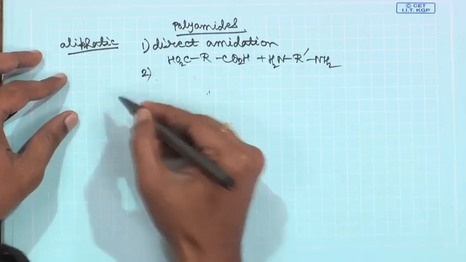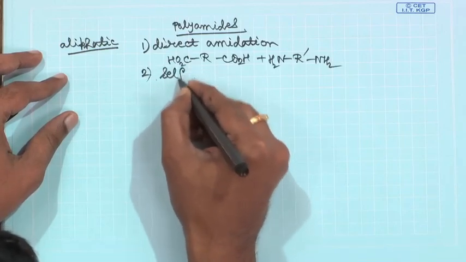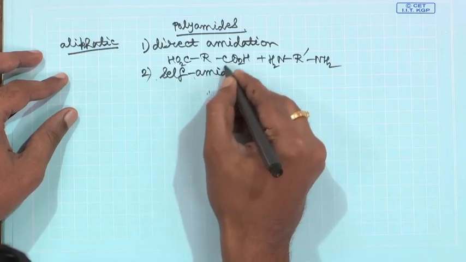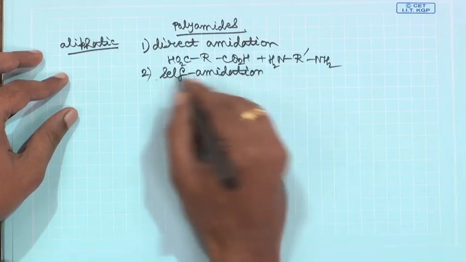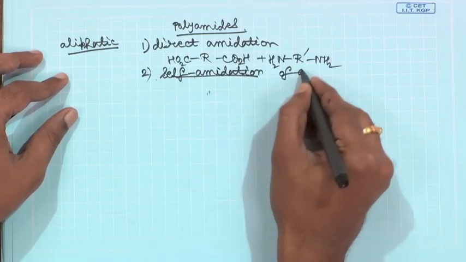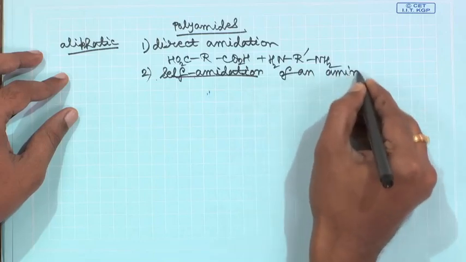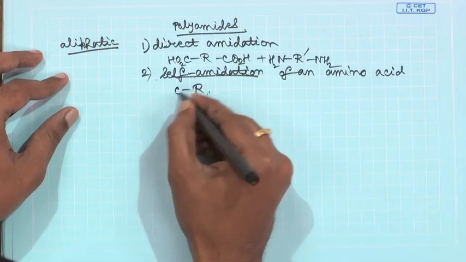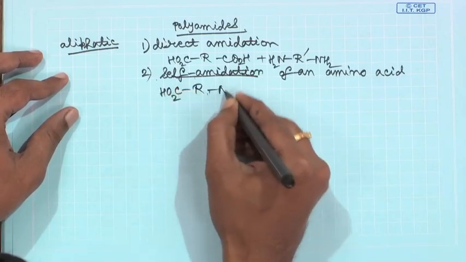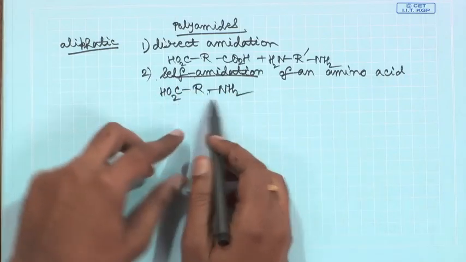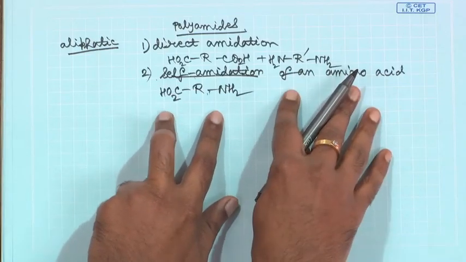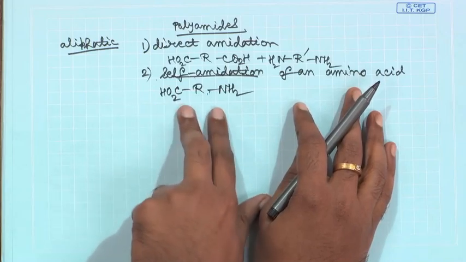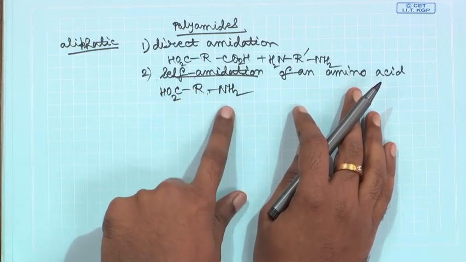Or what you could do is you could produce the polyamides by self amidation of an amino acid. I mean, you can take a monomer which has both carboxylic acid as well as an amine. So, this is an amino acid. So, this molecule can react with another molecule of the same nature, because it is bifunctional and both the functions are not the same.